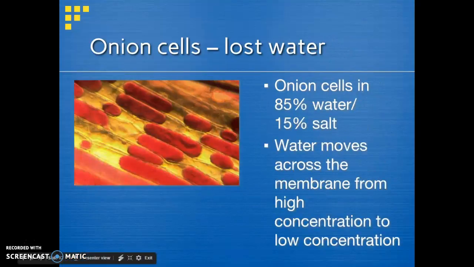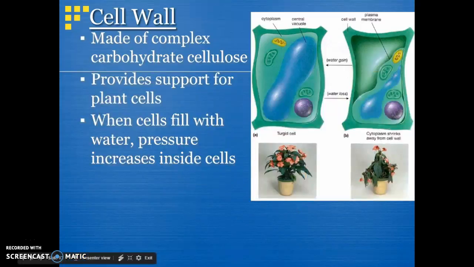Whereas when you put the cells in a lower concentration of water, where there was salt and water, there was actually a higher concentration of water inside the cells, and so the water moved from inside to outside, from high to low, and you could see the difference in the spaces between the cell wall and the cell membrane.